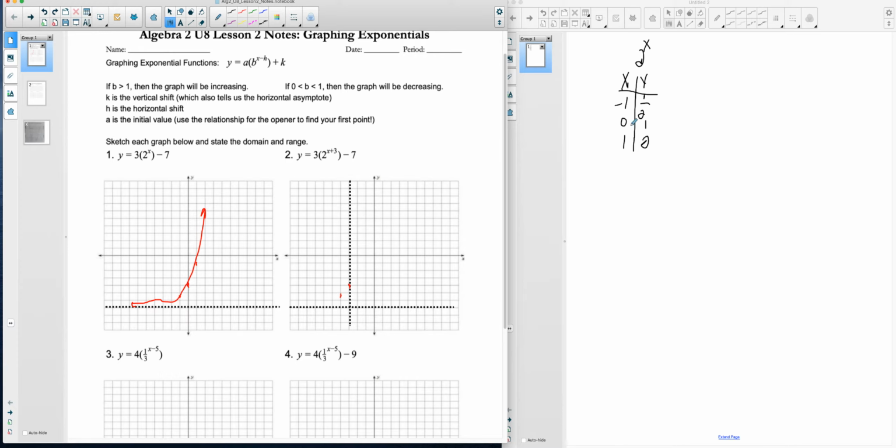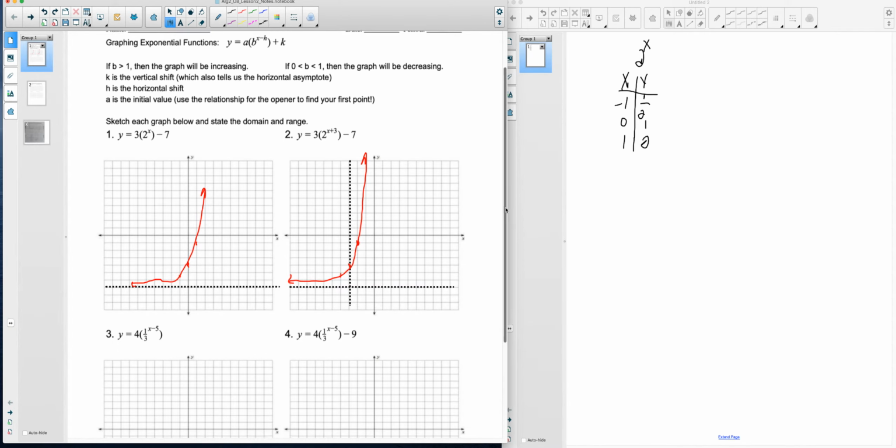And then instead of going up 2 when I go to the right one, I'm now going to go up 6. So to the right one, and up 1, 2, 3, 4, 5, and 6, like this. And there we go. That's a better looking graph. So that's the process.